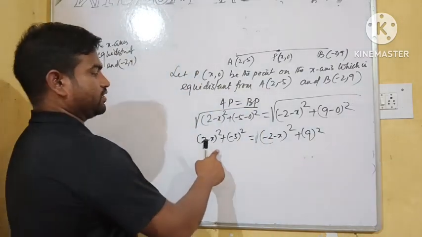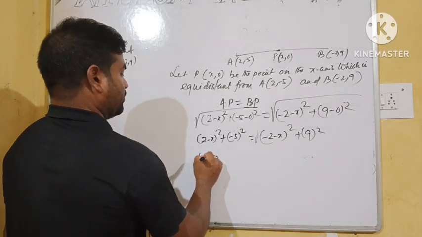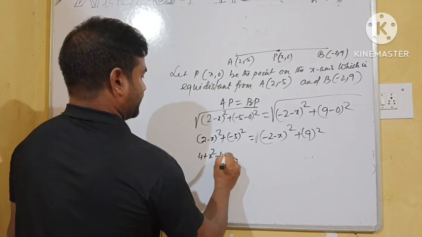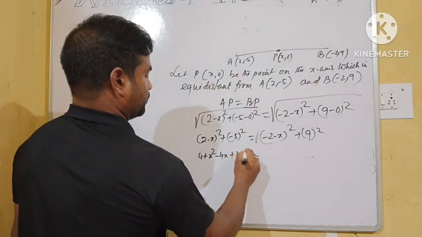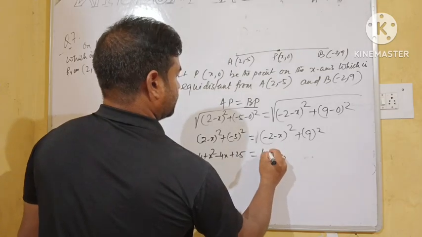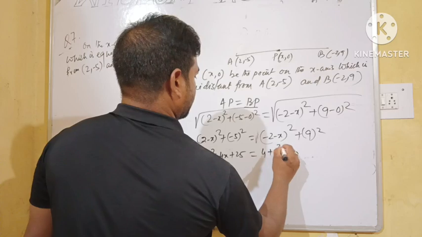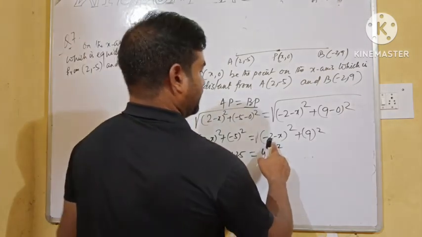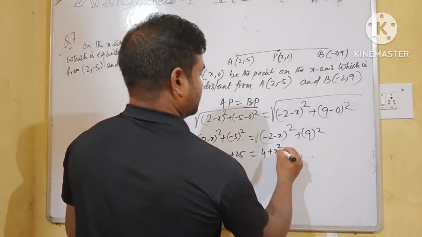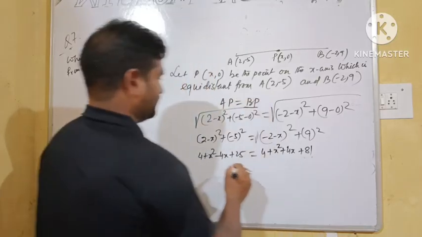So (2 minus x) whole square, using a square plus b square minus 2ab, is 4 plus x square minus 4x, plus 25. Similarly, (-2 minus x) whole square is 4 plus x square plus 4x, plus 81.